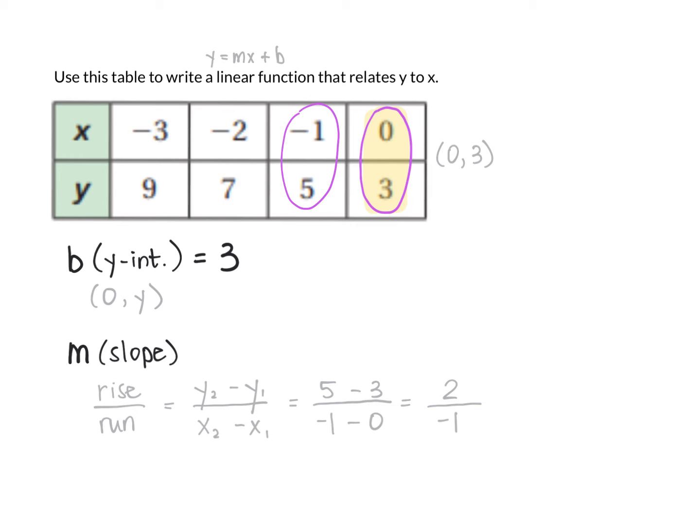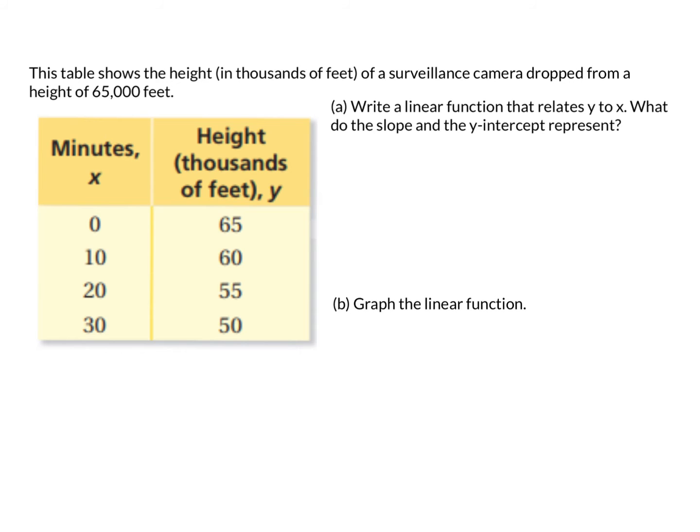And so 2 divided by -1 is just -2. Okay, so now that I have my m and my b, I can write my linear function, all right? And that's going to be y equals -2x plus 3.